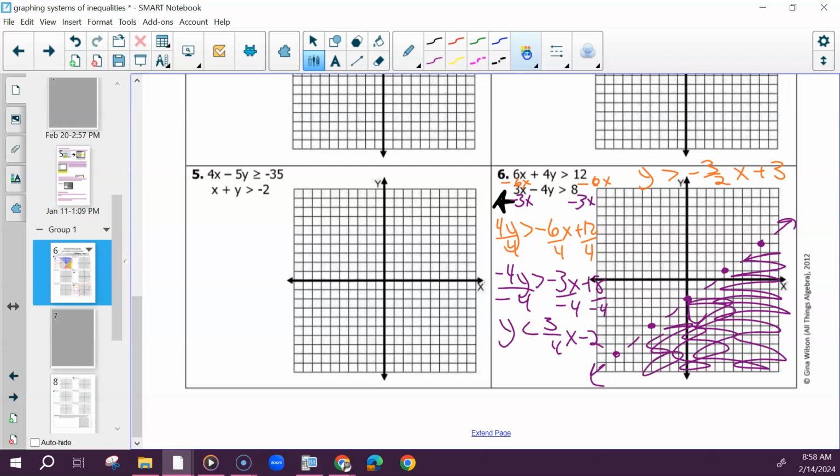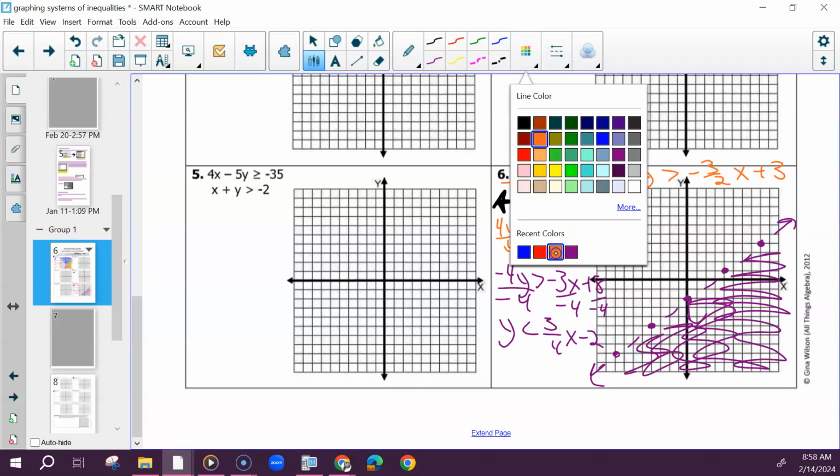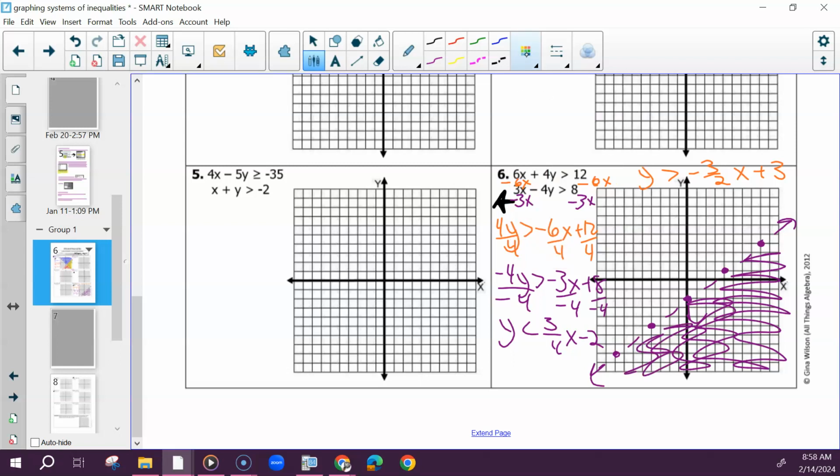And then for the other one, we're starting at positive 3. The slope is negative 3 over 2.